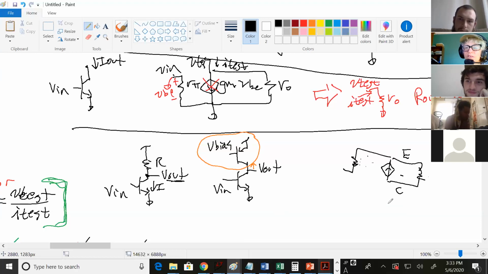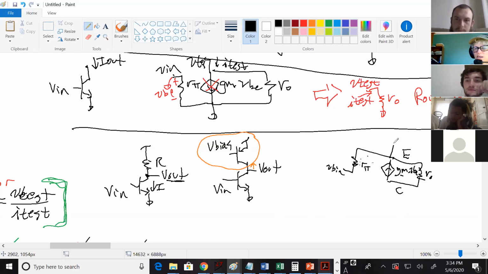Collector was the top, so now it's at the bottom. And the VN was at the top, so now the VN is there. This is our r pi for the PNP. This is your gm VBE. This is our RO.